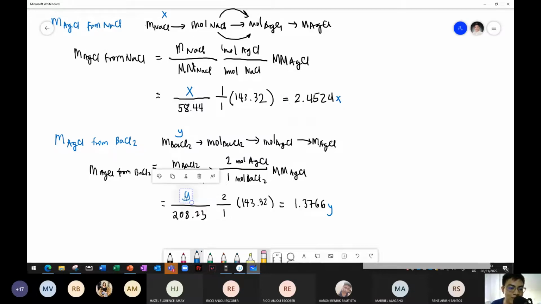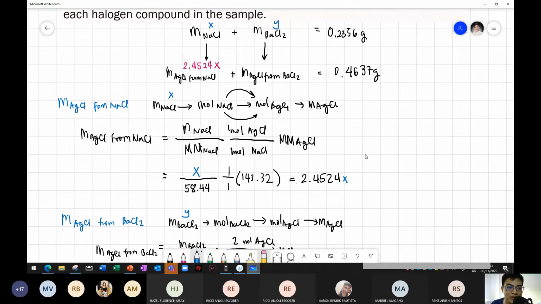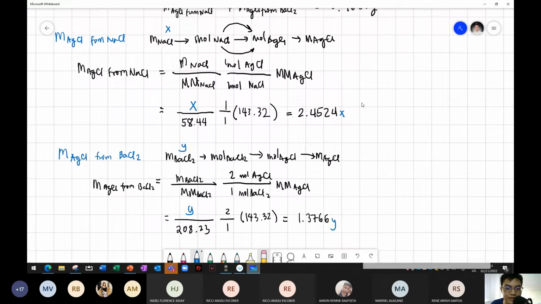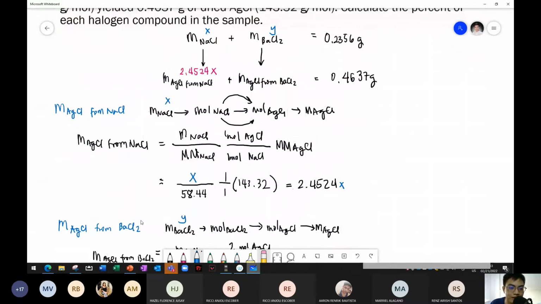Kung ano yung mass ng barium chloride, multiply mo sa 1.37 something, you will get the mass of AgCl. And ano gagawin? Itong x and y expressions natin, ipapasok natin dun sa equation. Okay? So, 1 point. Yan. Okay? Ganon.